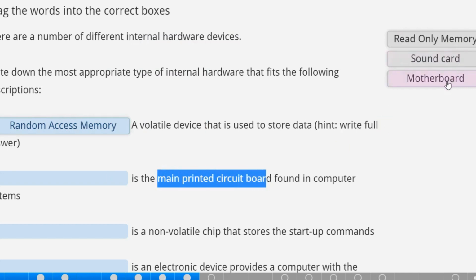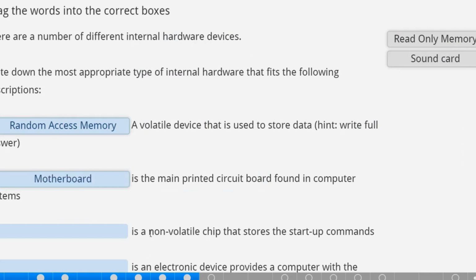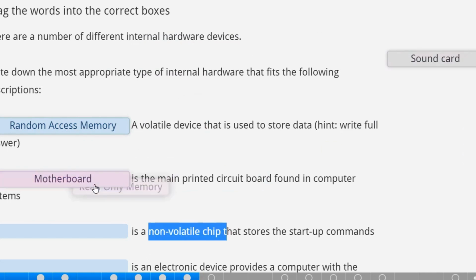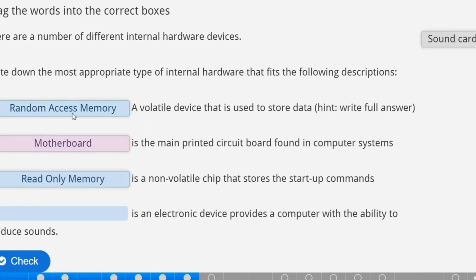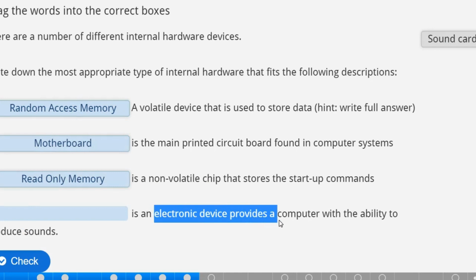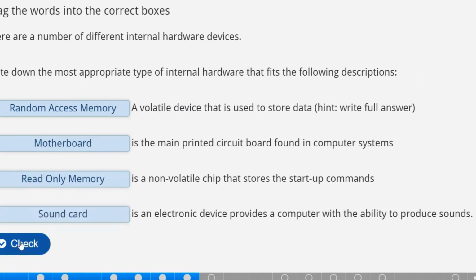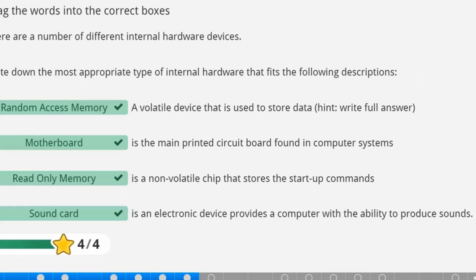Then this is motherboard. We just talked about it a few seconds ago. This one says non-volatile chips. Non-volatile, then that is read-only memory. It's the opposite of RAM. And finally, electronic device which provides the computer with ability to produce sound. That is sound card. You see how Cambridge normally asks their questions.